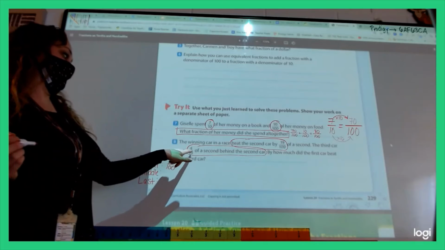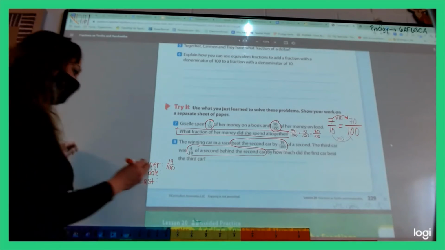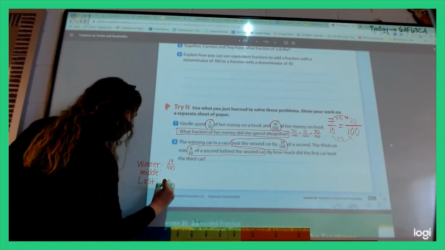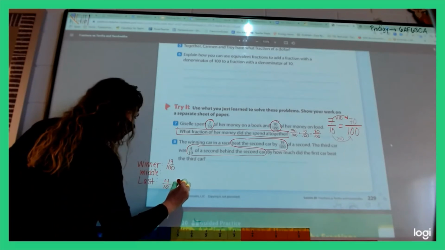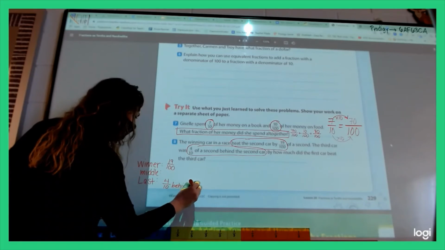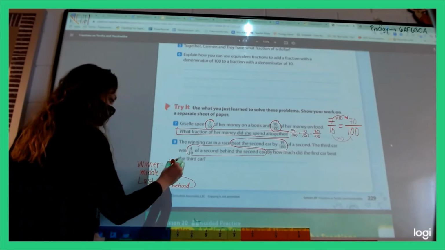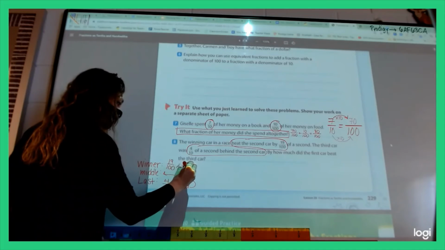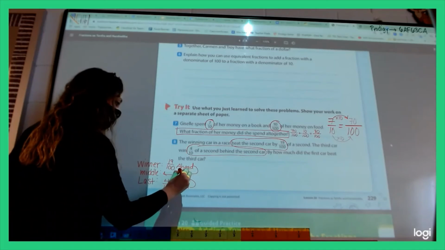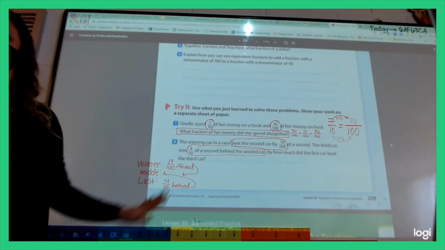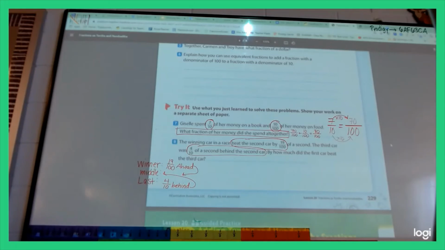The third car was 4/10 of a second behind the second car. This is just how I'm trying to make sense of it. I try to show you all different ways. So I know my winner was 19 100ths ahead of the middle car, and the last car was 4/10 behind the middle car.